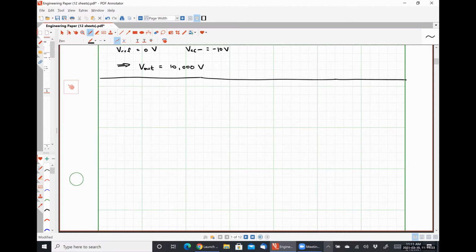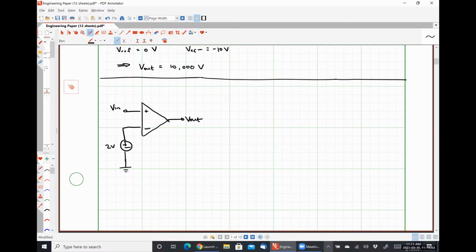So let's say that we have the following circuit. We have our op amp. Here is our output voltage pin. Here is our input voltage pin. And then we are going to apply a reference of 2 volts. Okay.